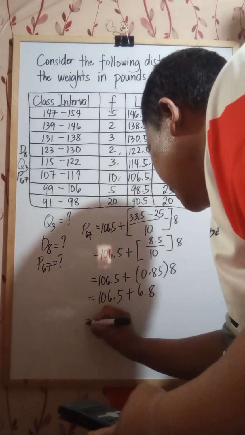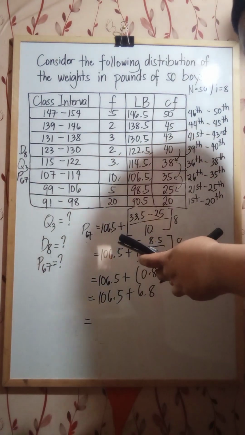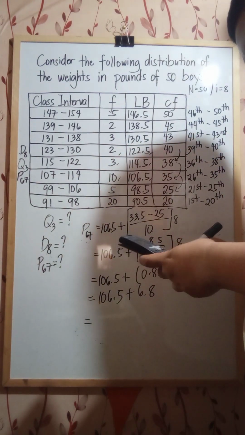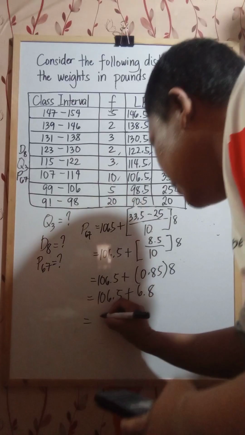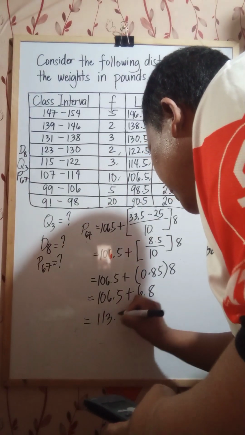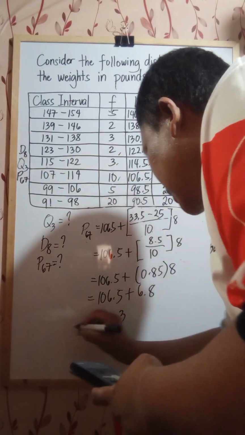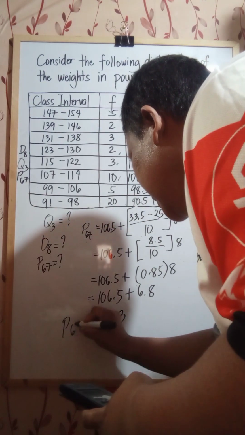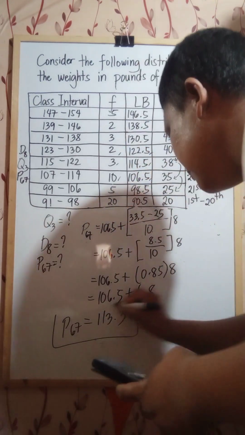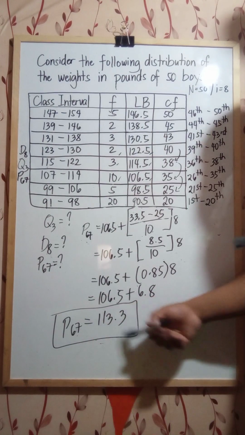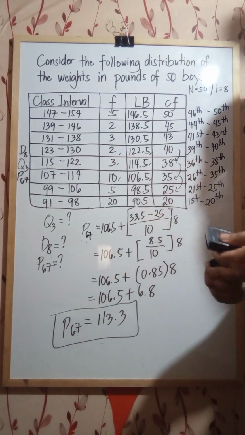Therefore, 106.5 plus 6.8 gives 113.3. So that is your P sub 67. P sub 67 equals 113.3.